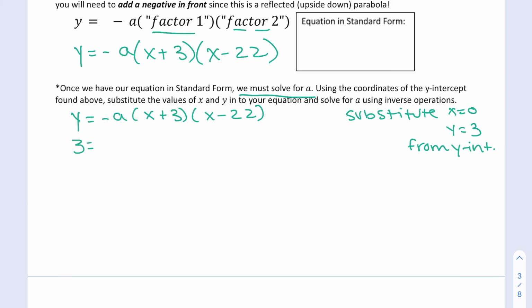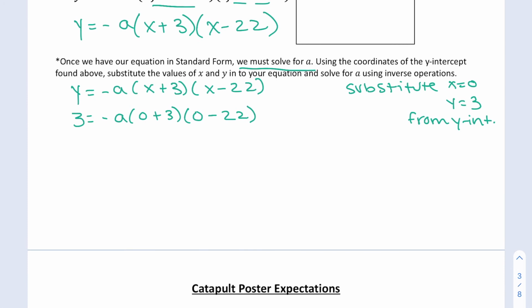So 3 is equal to -a times 0 plus 3, 0 minus 22. And the nice thing about using the y-intercept is that since x is 0, it's nice and easy math here. We don't have to get big numbers. So 0 plus 3 is 3, 0 minus 22 is -22.